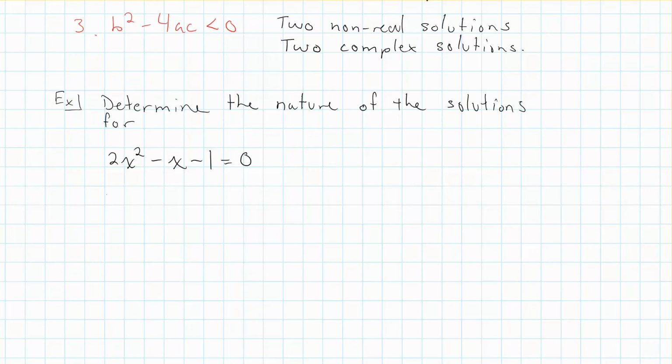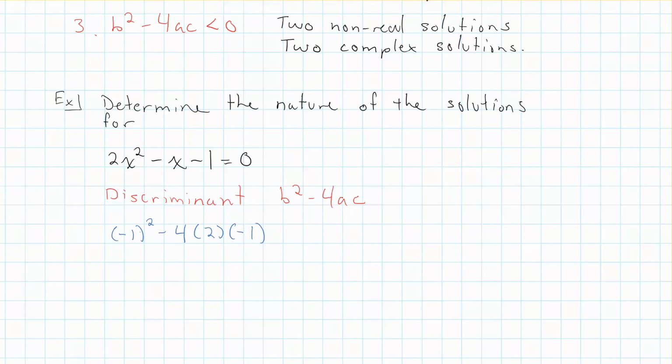And so the discriminant again is b squared minus 4ac. And so just looking at what we have here, b is negative 1, so I'd have negative 1 squared minus 4 times 2 times negative 1.